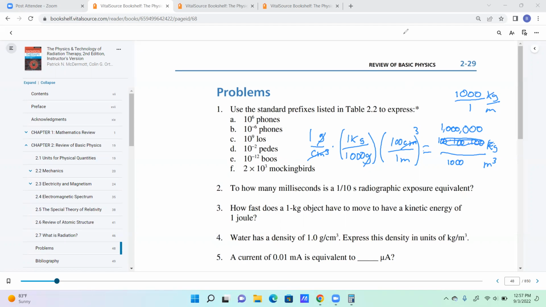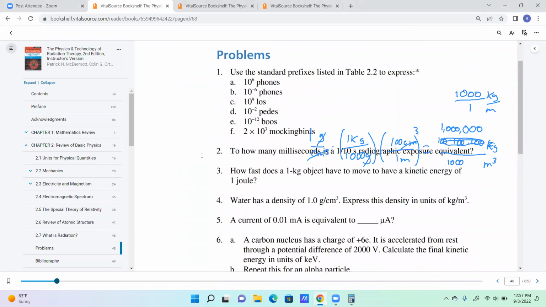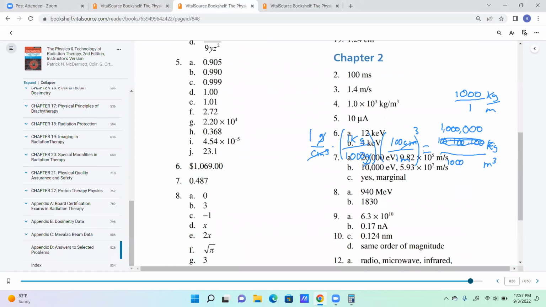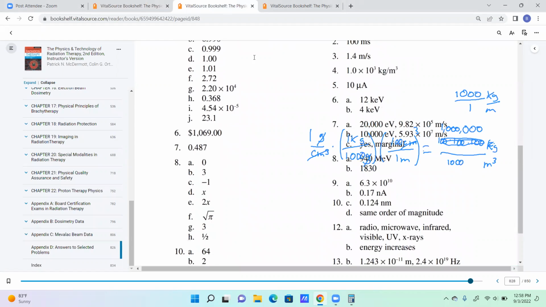Let's see here. Indeed, that's what it is. 1 times 10 to the third kilograms per meters cubed. So that's indeed what I got.